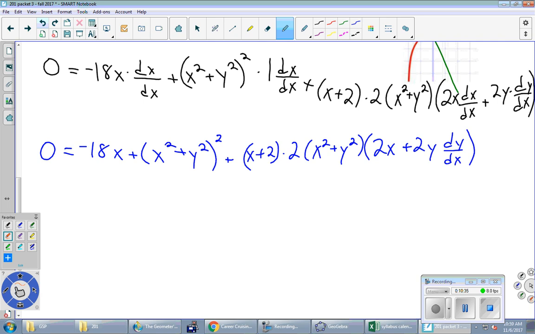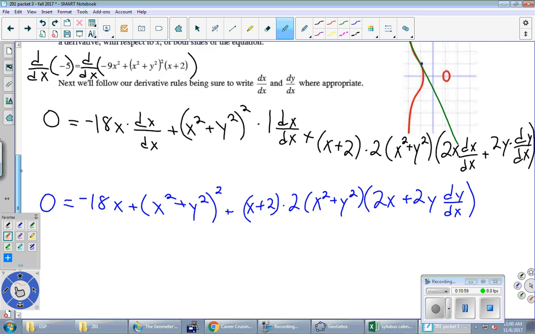What would be unusual is that the dy/dx equals would have not just x's in it, but also y's in it, right? Every other derivative we've had so far this semester says dy/dx equals, and it's only x's on the right-hand side. We can't do that anymore. This one would have y's in it. But the point isn't to find the generic derivative formula. The point is to find the slope of that one tangent line.